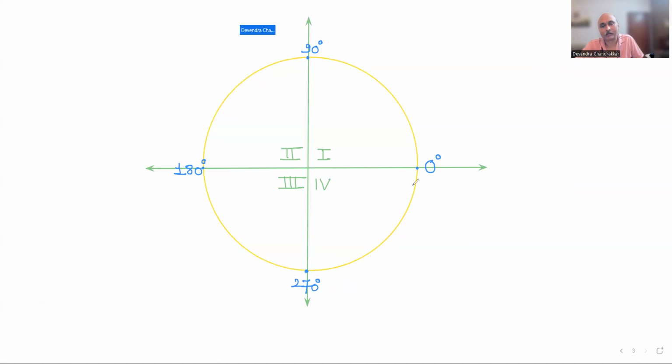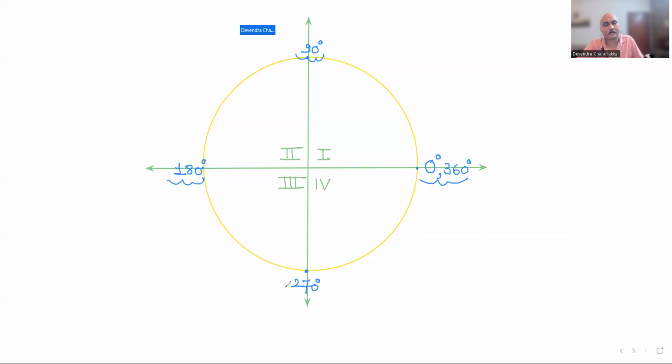Yes, you said it correct. So 0, 90, 180, 270, and this angle is 360. Every quadrant always starts at an angle and ends at an angle. The first quadrant starts at 0, ends at 90. The second quadrant starts at 90, ends at 180.